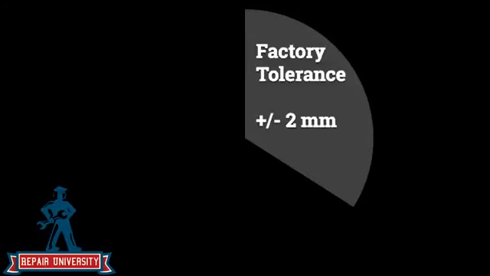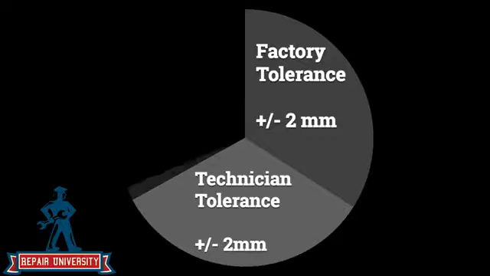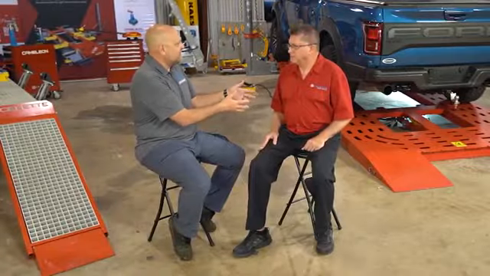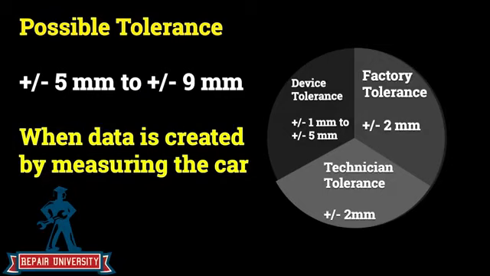So we could have a couple of millimeters from the factory, another couple from the technician, and then the measuring equipment itself might have a couple more millimeters as well? Yes, that's correct. So versus 0 millimeters difference from the CAD drawing, before we even get out of the gate, we could be starting with 5, 6, 7, or maybe even more millimeters of tolerance just to build the database. Exactly.